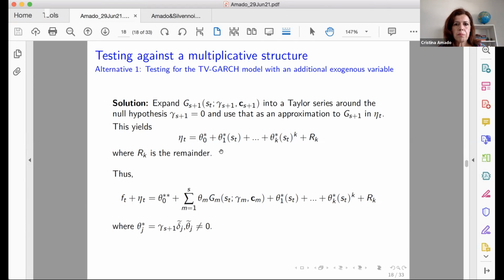And so this implies that our new null hypothesis becomes testing these coefficients θ1 star up to θk star. So if these coefficients are all equal to 0, there's no need to add an extra transition function in the F component, and we just remain with the S logistic transition functions.